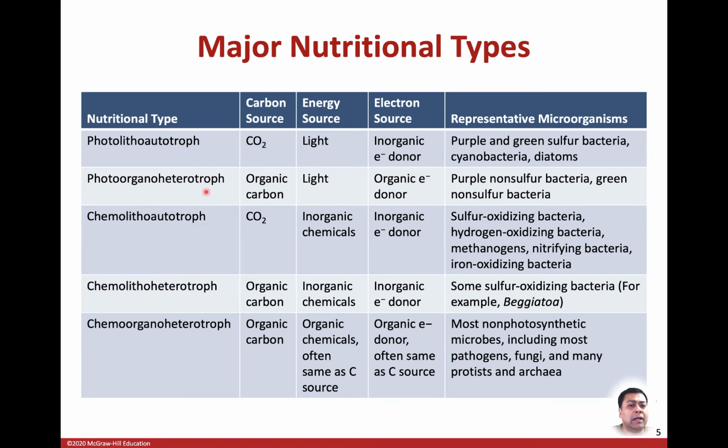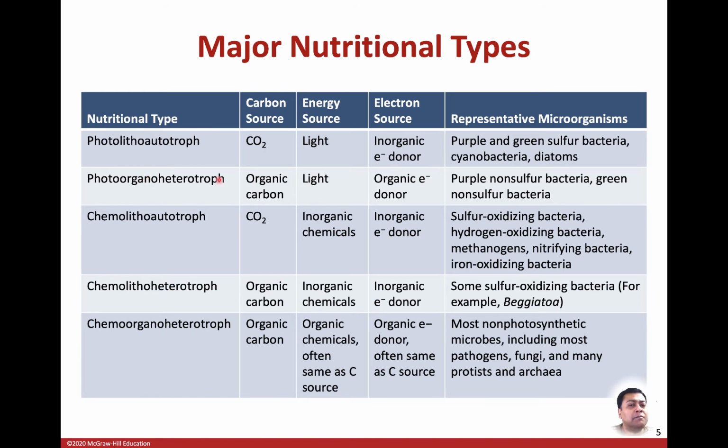Photoorganoheterotrophs, on the other hand, the carbon source is organic carbon. As soon as we look at this, they need light energy. Organoheterotrophs, organo means that they need the organic material, which is already preformed by some autotrophs.